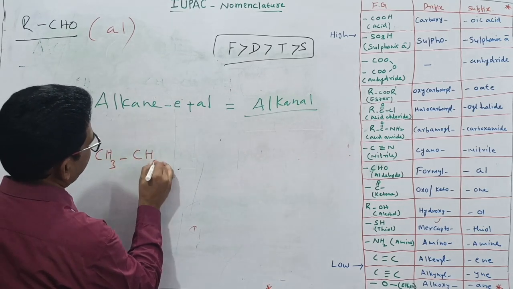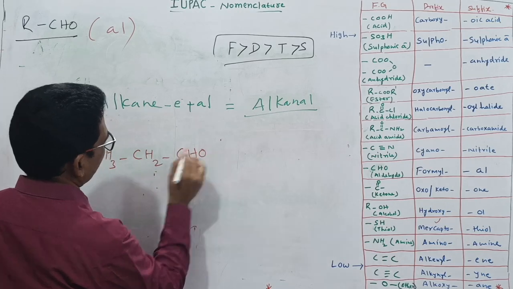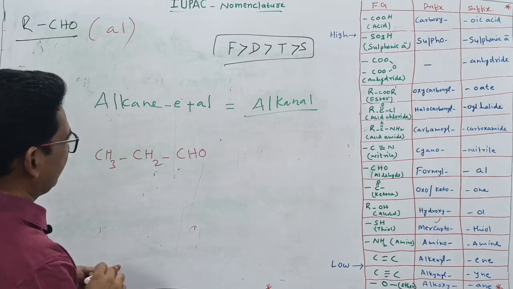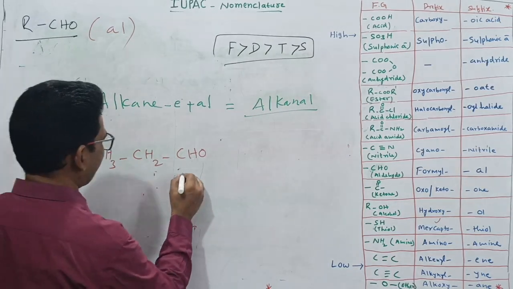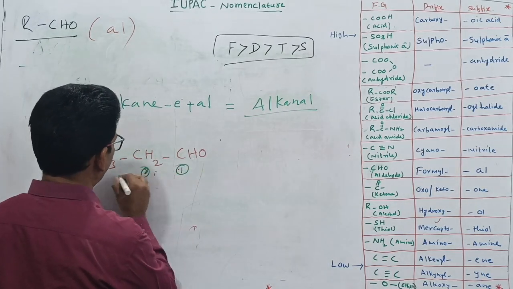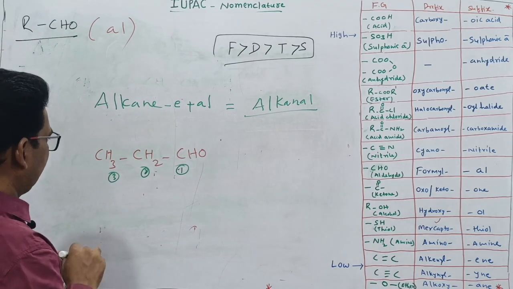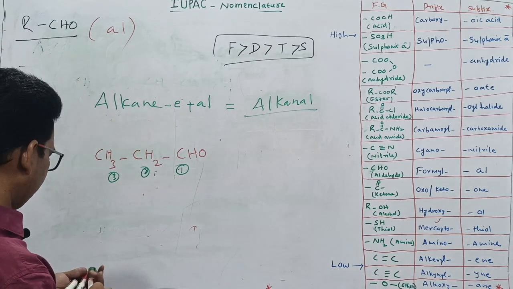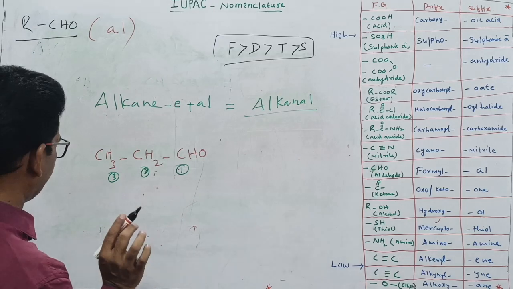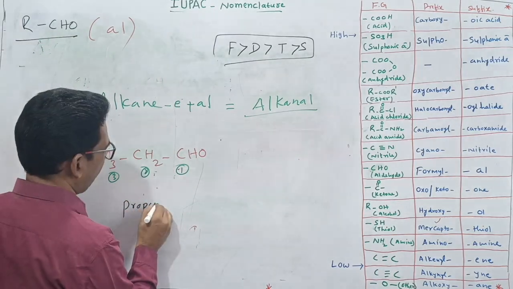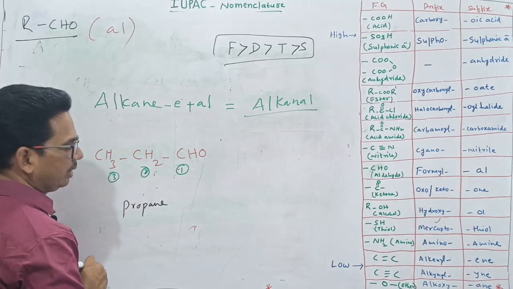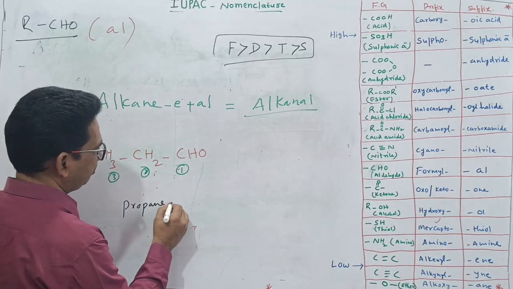CH3, CH2, CHO. Only one functional group is there. When the functional group is there, we have to start numbering from here. 1, 2, 3. Then what is the word root for this one? There is no prefix, means no substitution. Word root is propane. Then what is the suffix will come?